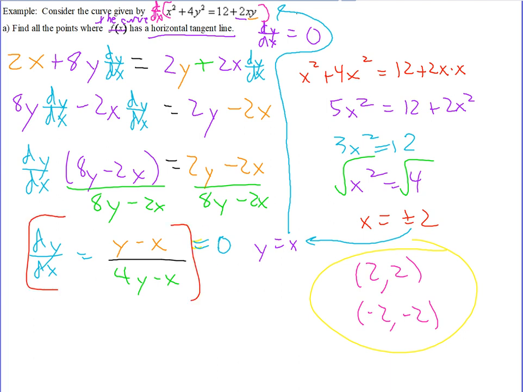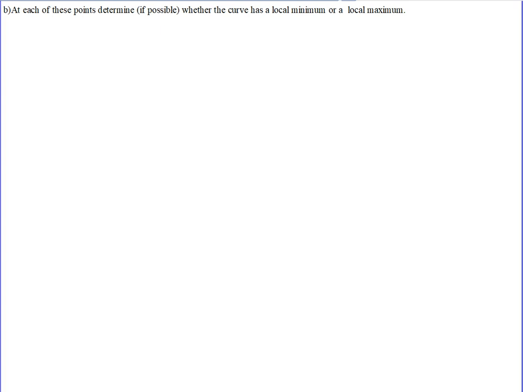So we're just going to take the derivative of our first derivative here using the quotient rule. The derivative of the first derivative is the second derivative. And then you take the derivative of y, which is dy/dx. Minus the derivative of 1.